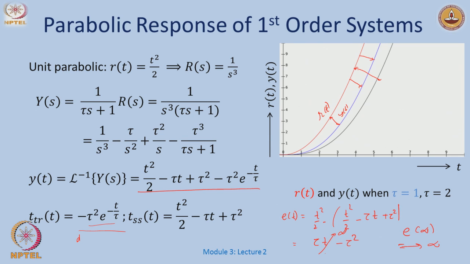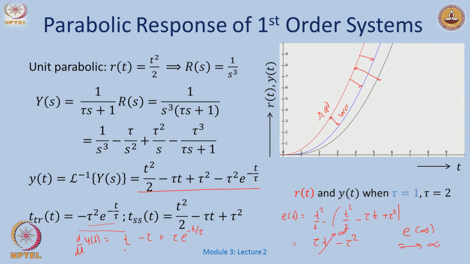So, d over dt of y(t) in this case would be t minus tau, and then here you will have plus e power minus t over tau, 1 over tau will be here, something like this.